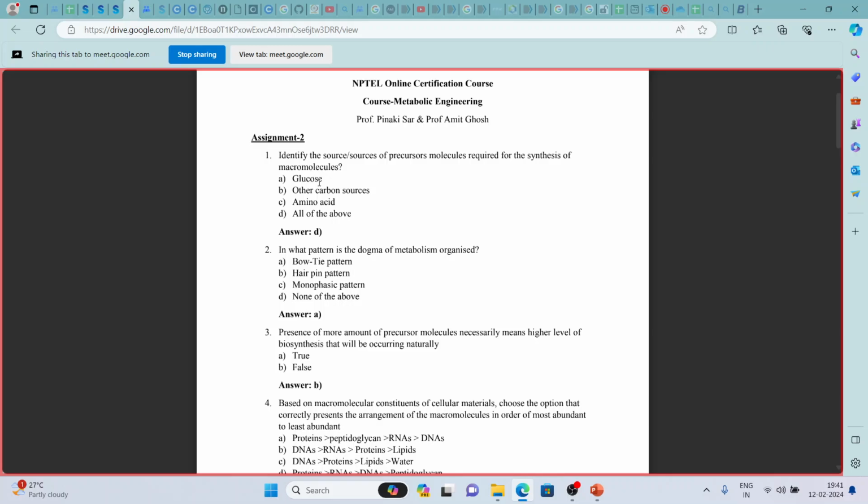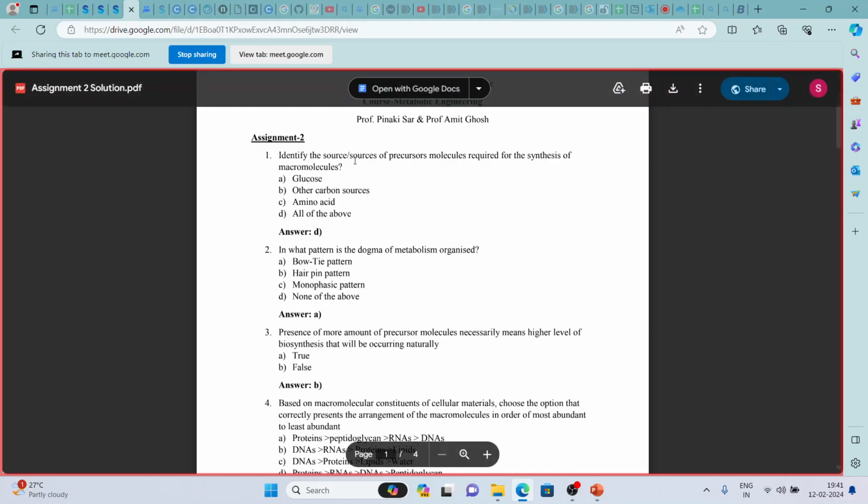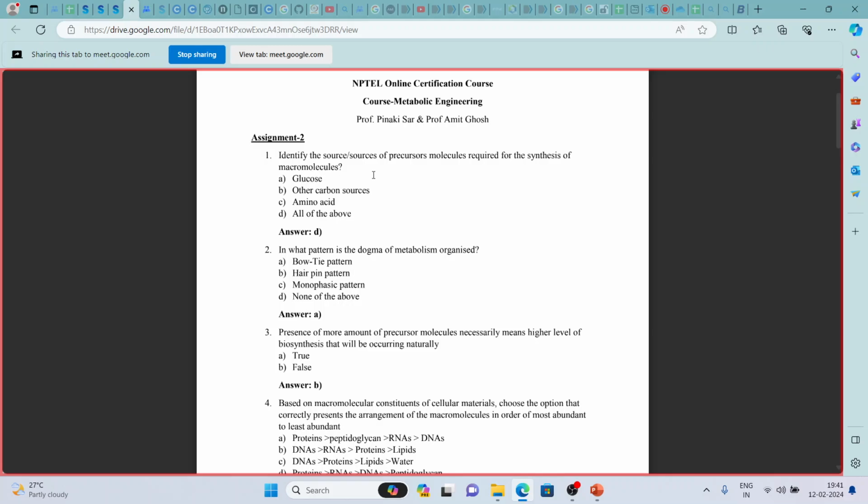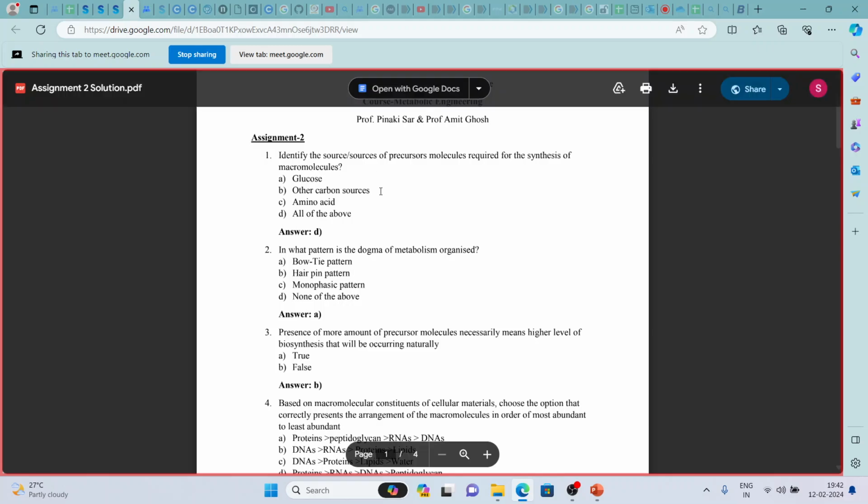These sugars could mean glucose and other carbon sources. Whereas macromolecules are the polymers like DNA, RNA, and proteins that are essential for the survival of the cell. And specifically, amino acids are required for synthesis of proteins. Since you're asking for sources of precursor molecules that are required for macromolecule synthesis, we need to consider all four options. So the right answer is all of the above.